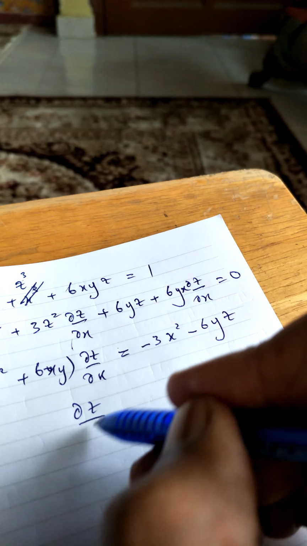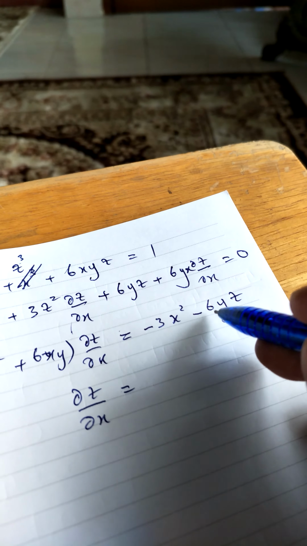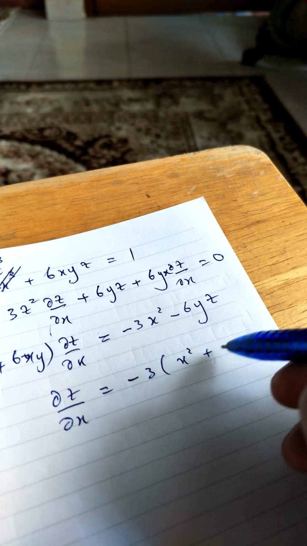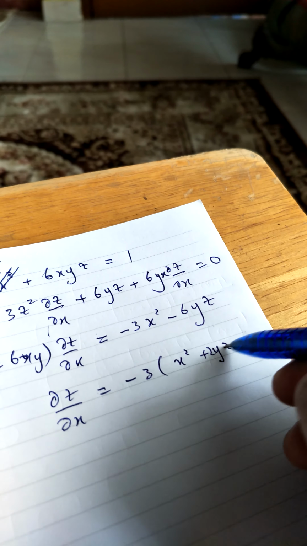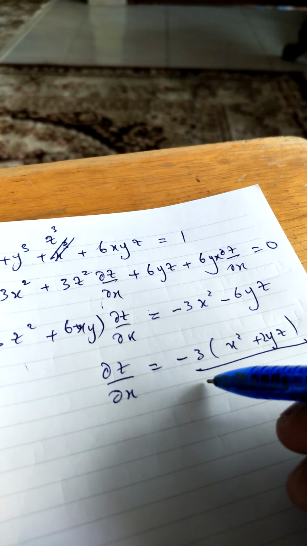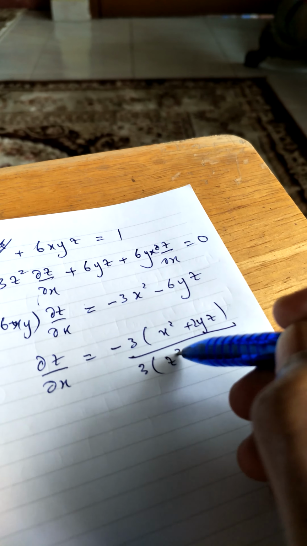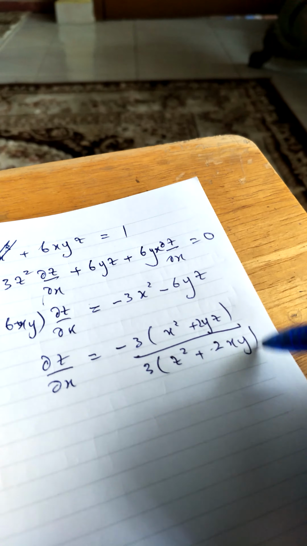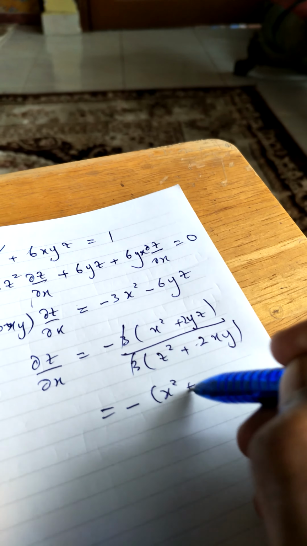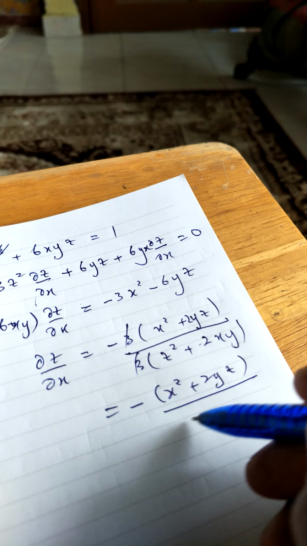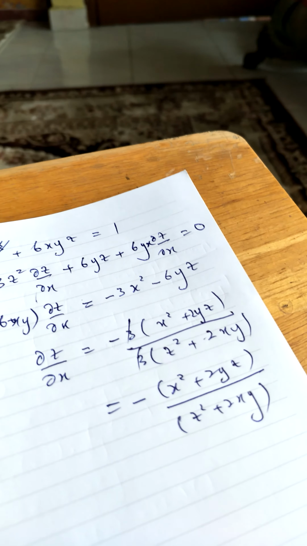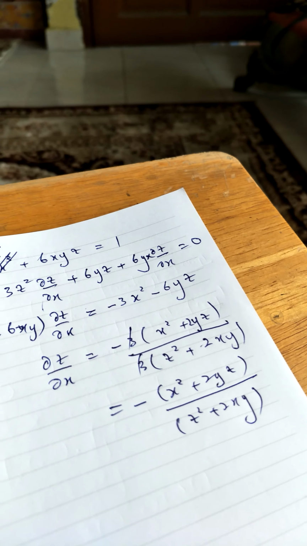So del z del x, you can factor out the negative 3, that gives you x squared plus 2yz. This one you can again factor out 3. What's left is z squared plus 2xy. Cancel out those things, so this is negative x squared plus 2yz over z squared plus 2xy. So that's for z x.